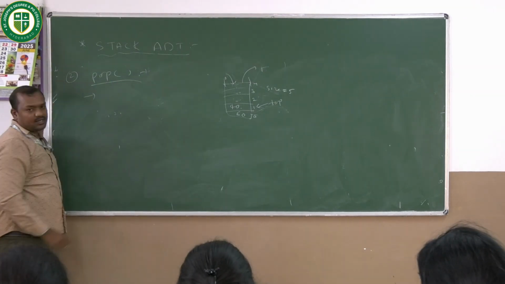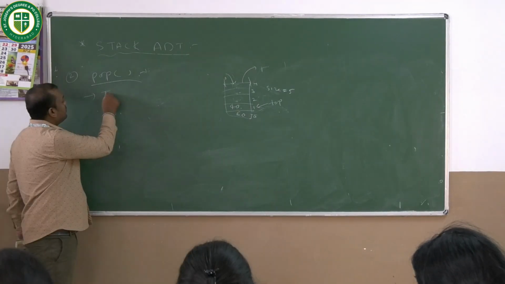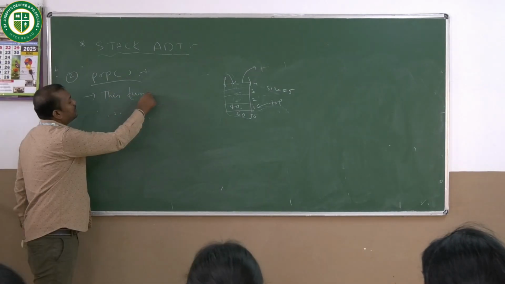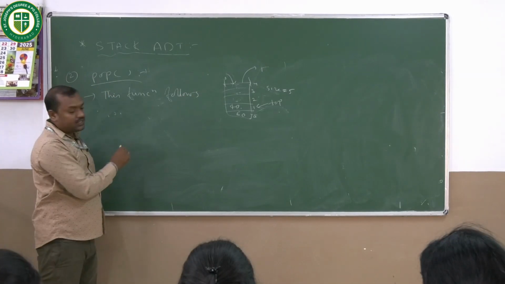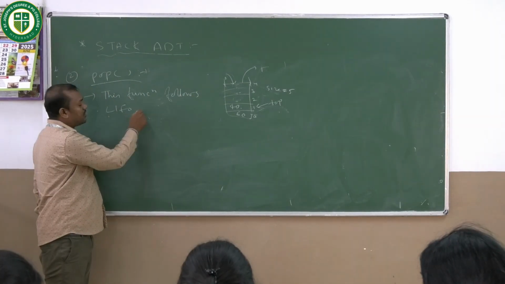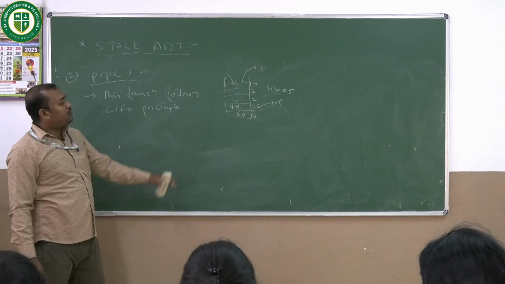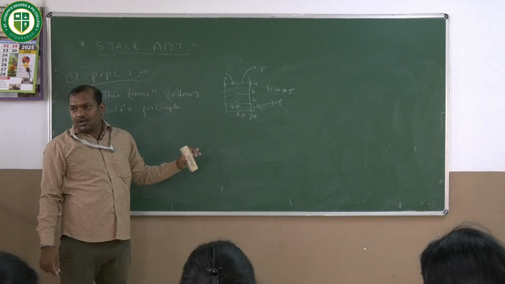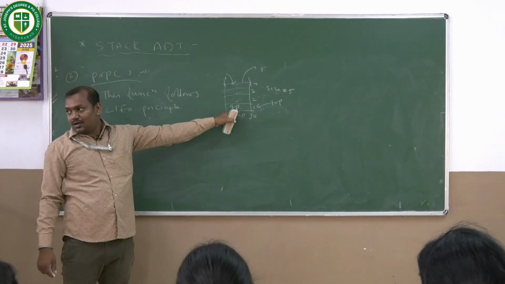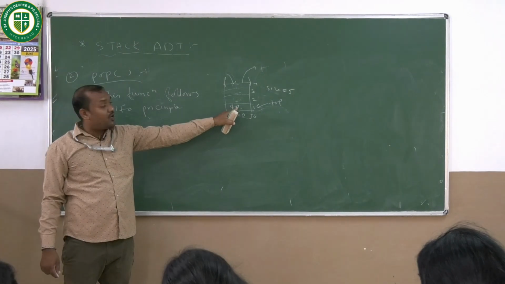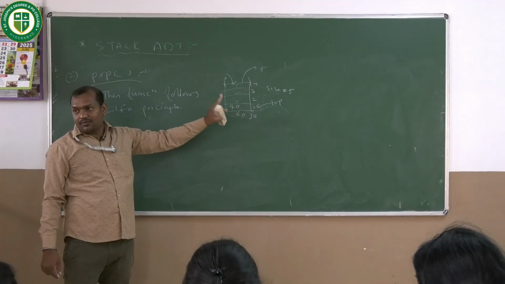It follows the LIFO mechanism, last in first out principle. For example, if two data are there and you want to delete the data, the topmost element will be deleted. 40 will be deleted, because we inserted 40 last, first 60, then 40. Last in first out, so 40 will be deleted.